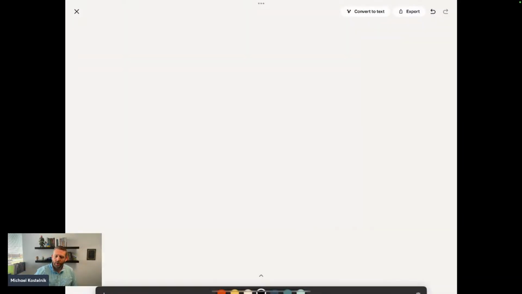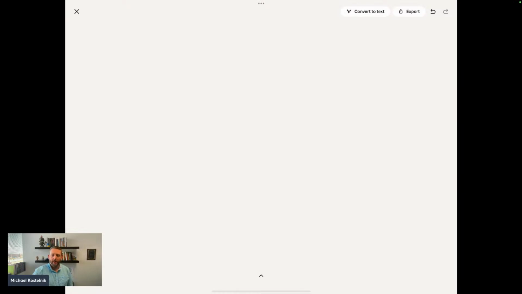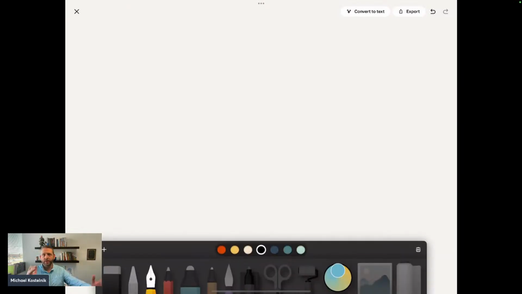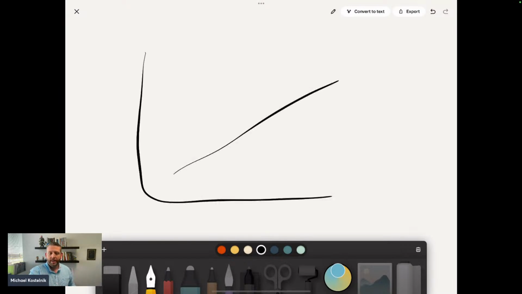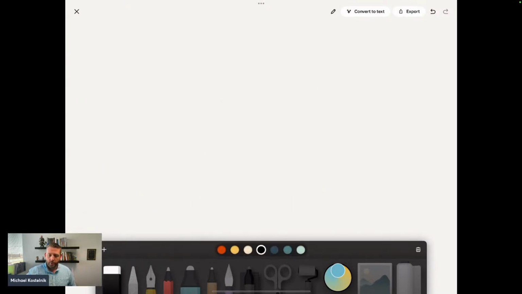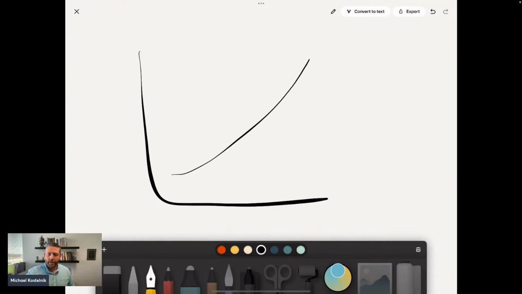The thing I want you all to remember is when we talk about economics, there's one thing that means everything. When we talk about markets moving up and down, it all boils down to this idea of supply and demand. If we draw it a little bit better, what you tend to see is a supply curve and a demand curve.